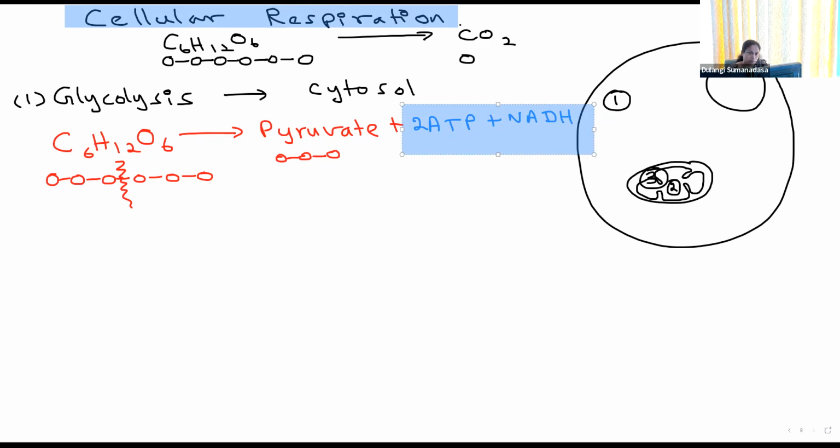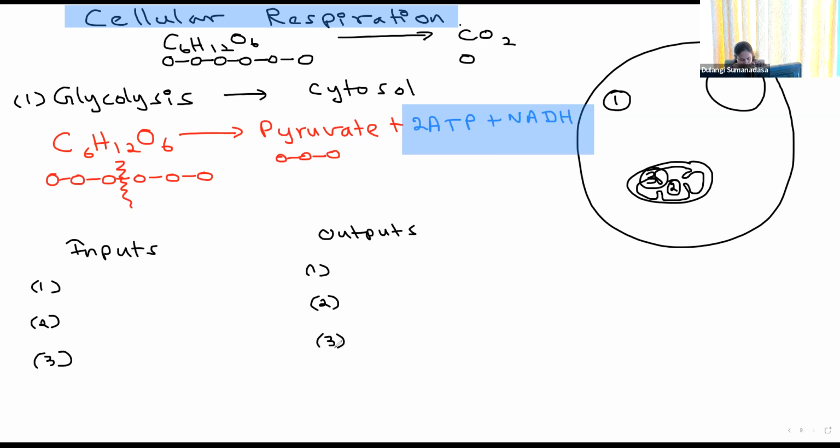Write down inputs and outputs. 3 inputs, 3 outputs. Start with outputs.